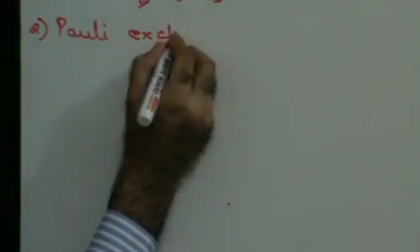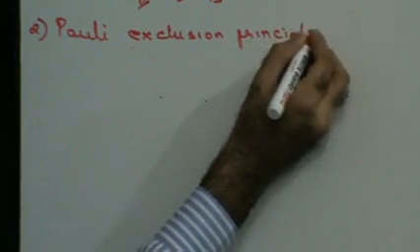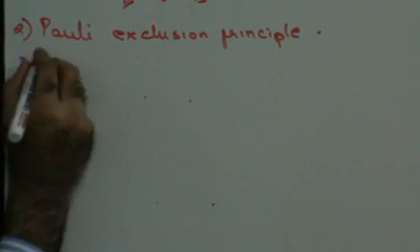Right? Next, you have another rule called Pauli's exclusion principle. Now, Pauli's exclusion principle says that it is impossible for any two electrons to have the same set of all four quantum numbers.